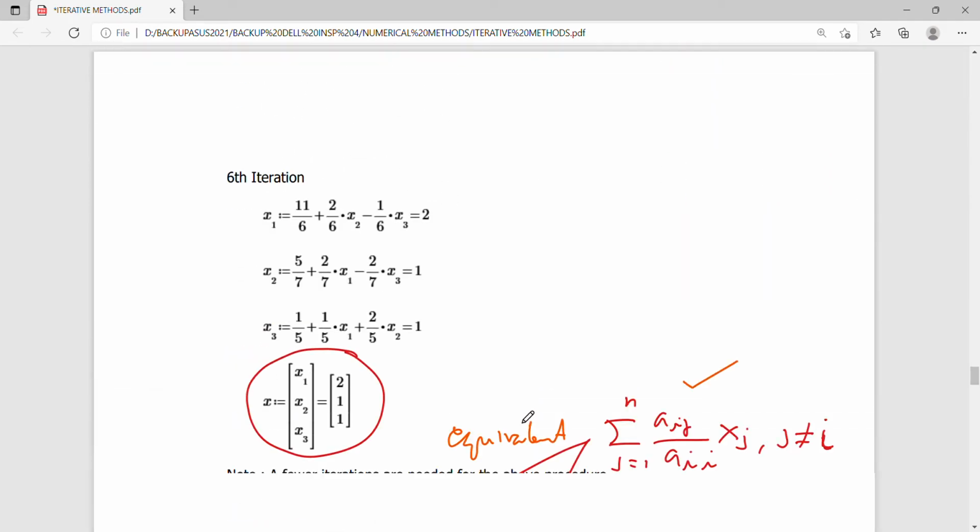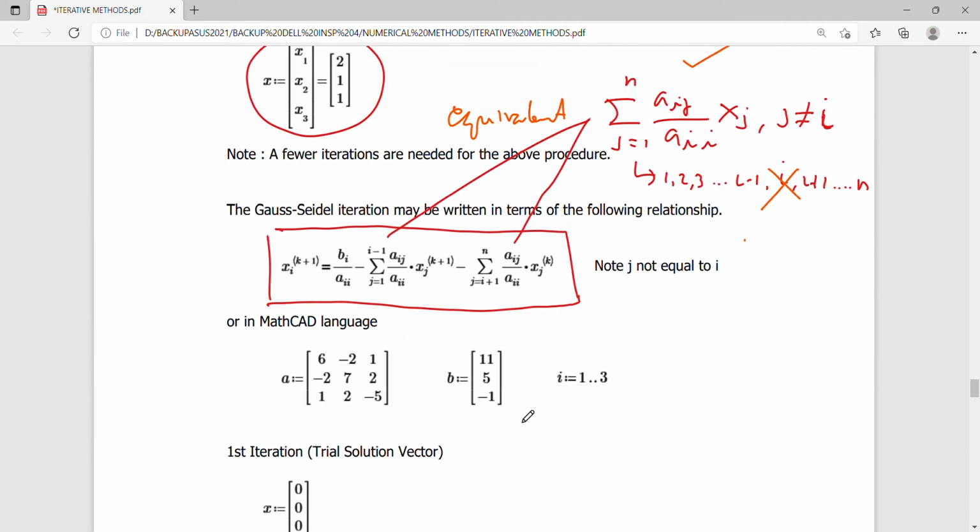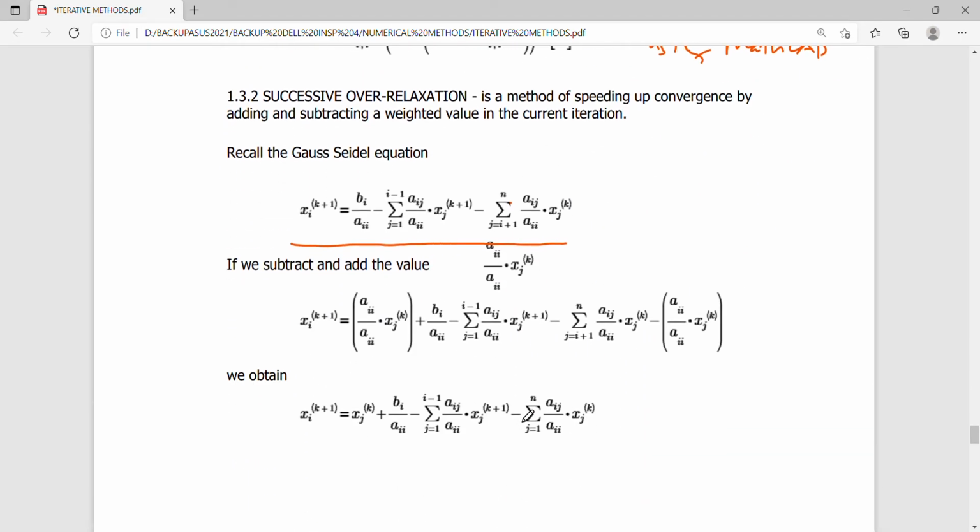So what we are going to do on this equation now is to add, or since this is a negative sign here, to subtract a value AII over AII xi. Or, since I is equal to j, this can also be equal to xj.